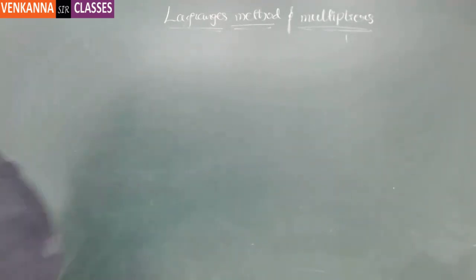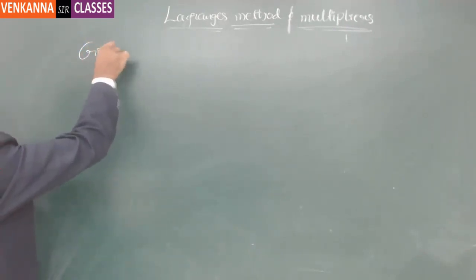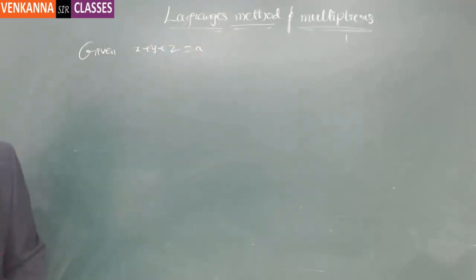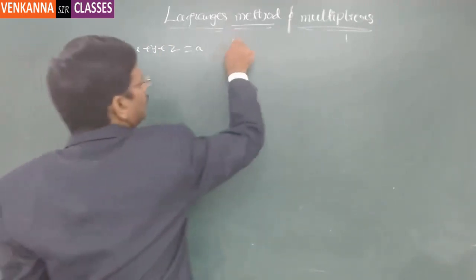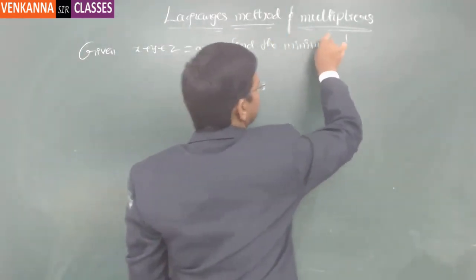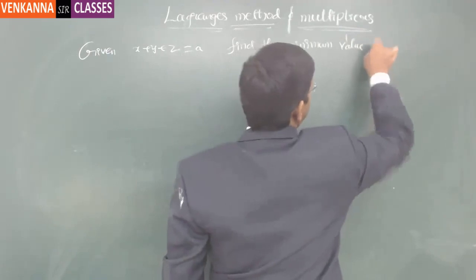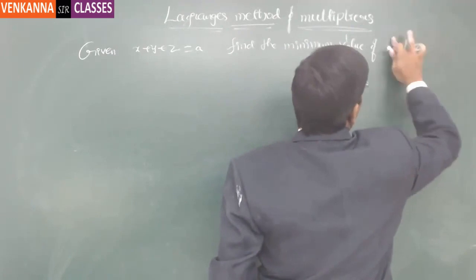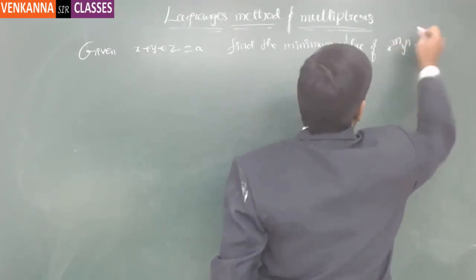Note down one more. Given x plus y plus z is equal to a, find the minimum value of x power m, y power n, z power p.